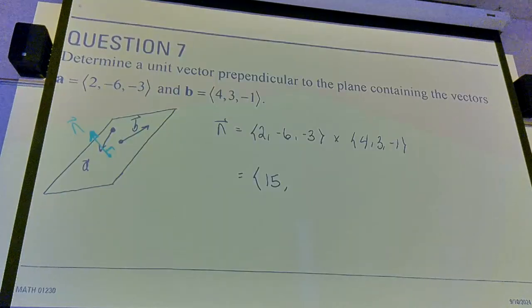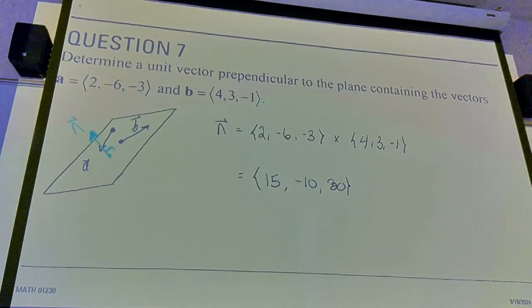So -2 plus 12, 10. Take the negative of it. 2 times 3, minus 4 times -6. 6 minus -24. There's our perpendicular vector.